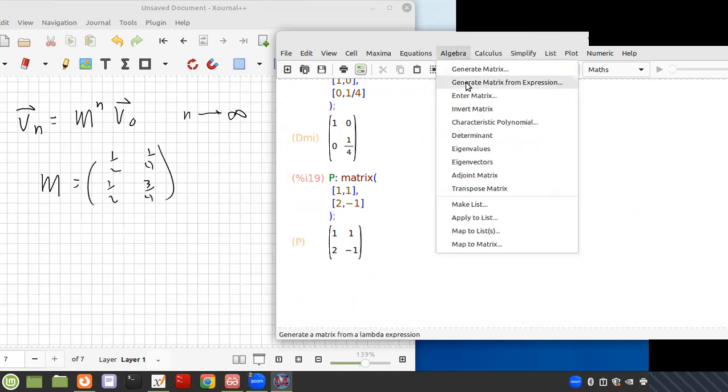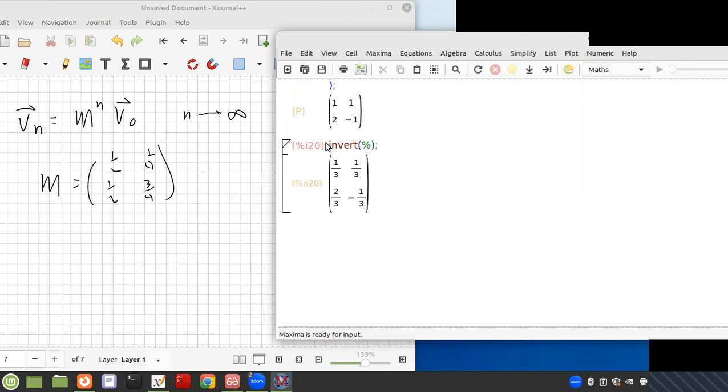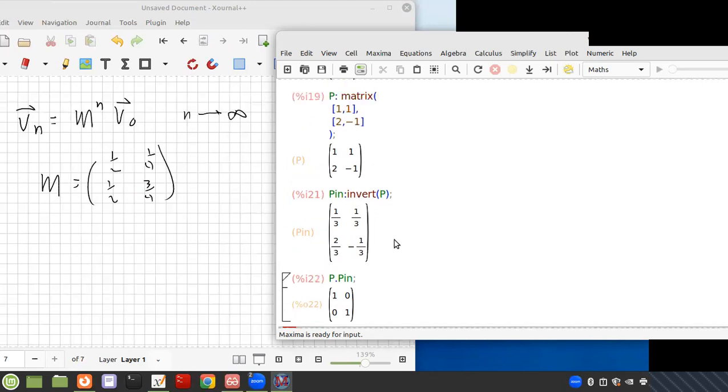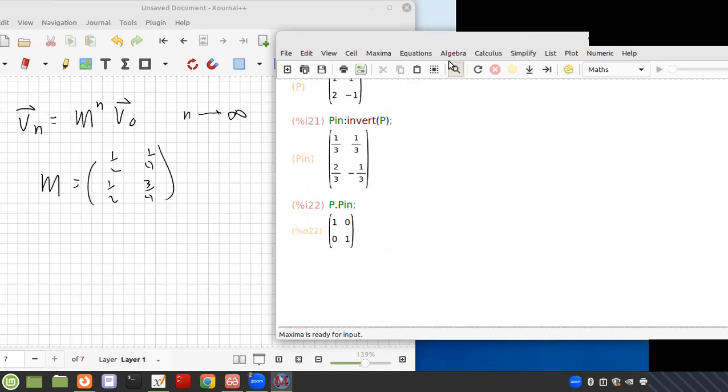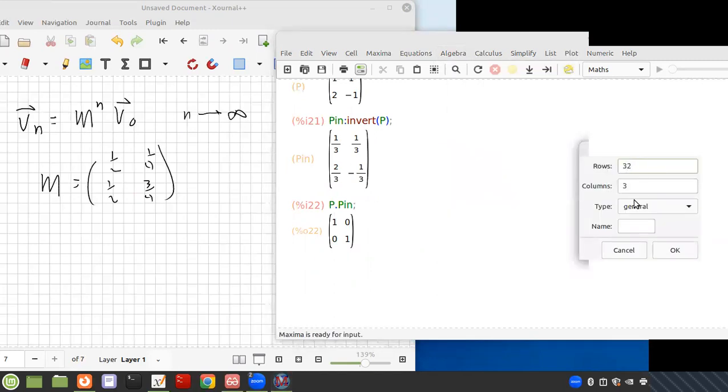Then we want to invert that matrix. We can say P inverse, and you don't want to put the explicit form in if you have to do something twice. It'll be the same. Okay, so there's P inverse, and we can check just for fun that the product is the identity matrix. But then we want to see the nth power of the 2 by 2 matrix.